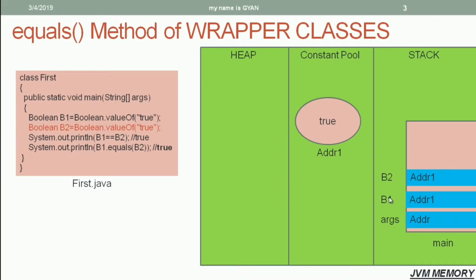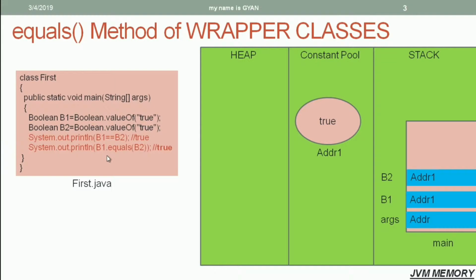That's why when we compare whether b1 is equal to b2 by using the double equals relational operator, it will return true because both b1 and b2 contain the same reference. In the next case, we are calling the method equals by using the reference variable b1 with b2 as its argument.